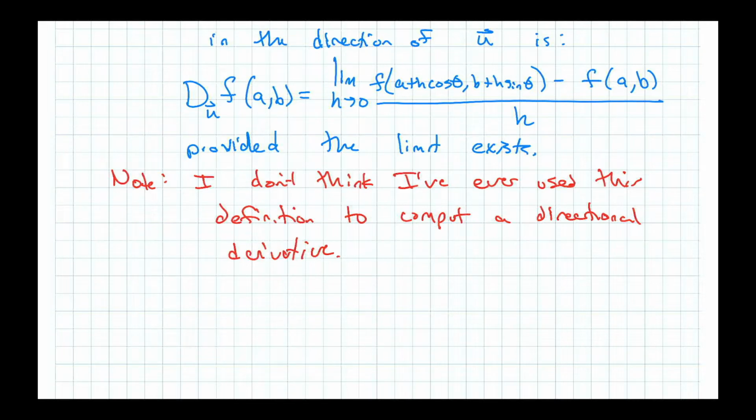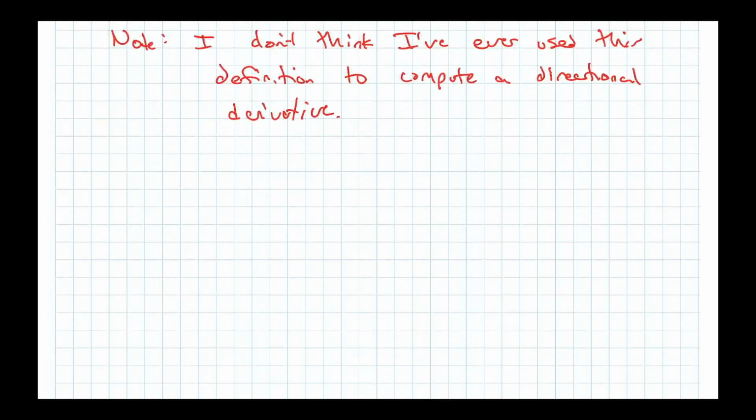I'll double check the homework before deciding not to do it for real. But here's how we are generally going to calculate it instead. We're going to use a theorem. And actually, even this theorem is not how I do it.